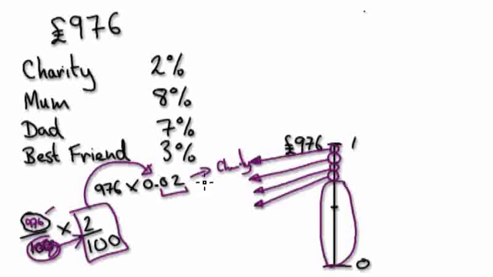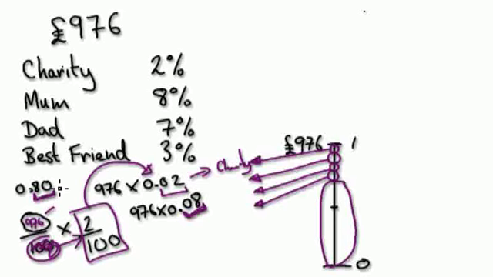If you want to know how much goes to mum, then punch in 976 times 0.08, and have a quick glance at this. This represents 8%. If you see something like this, 0.8, stick a 0 in there. Have a quick glance at this.